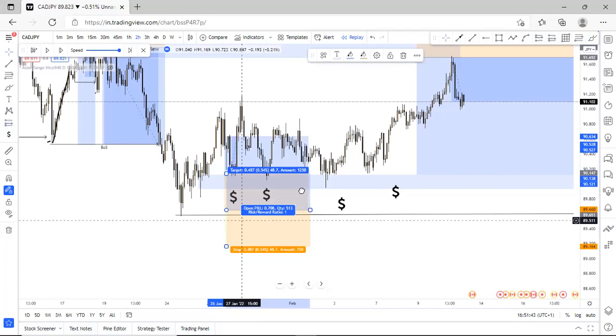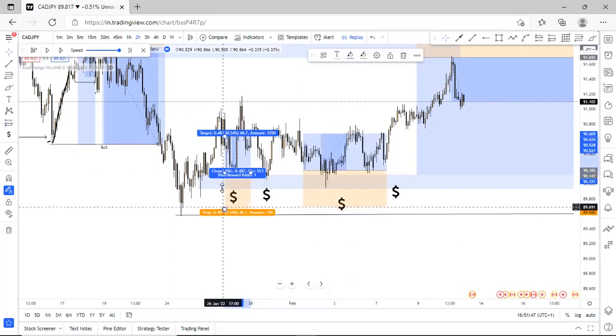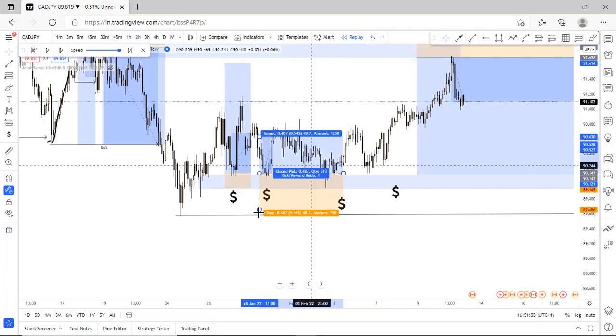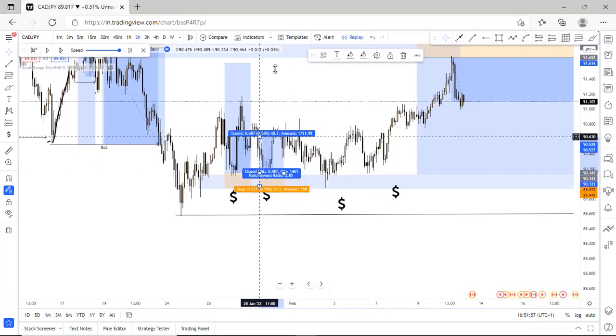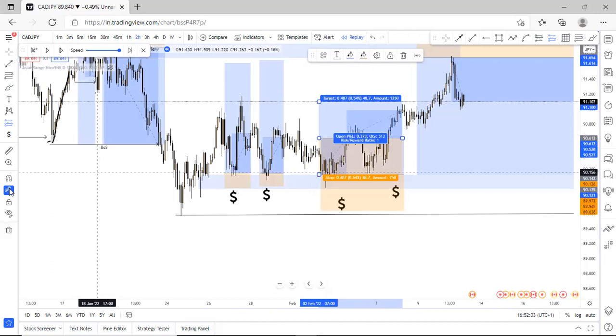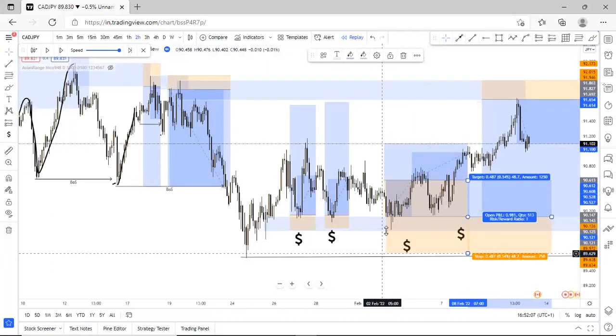Retail traders are buying off this support zone. Yet again, we had another retest at this zone, targeting this high. Yet again, another retest of this zone. Trust me, there are a lot of retail traders buying off this support zone.